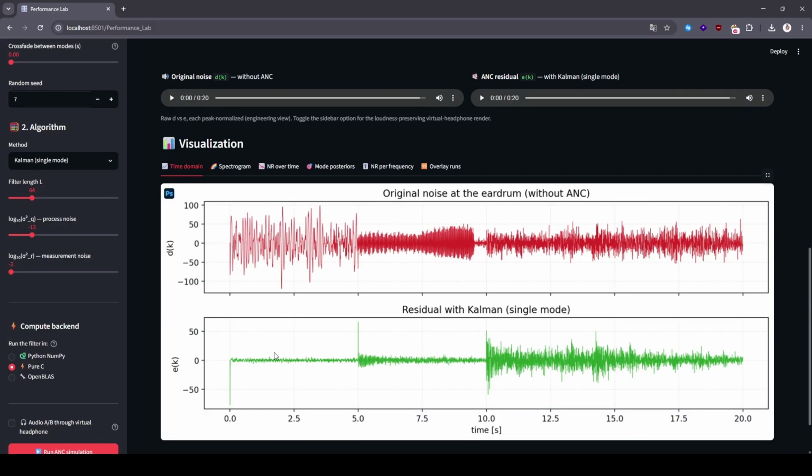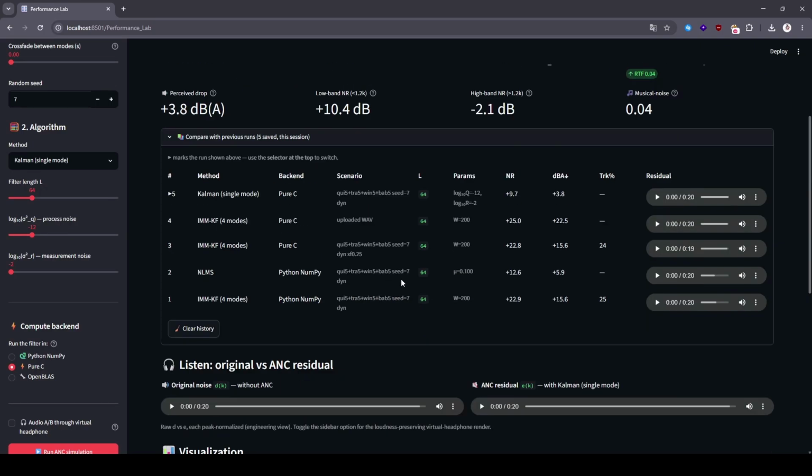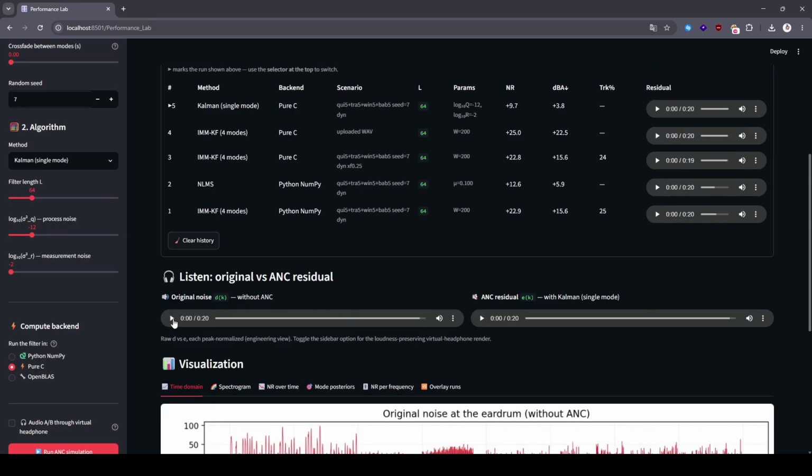We can see it works in some regions, but when the environment changes, it can't adapt. And you can also hear the original noise.